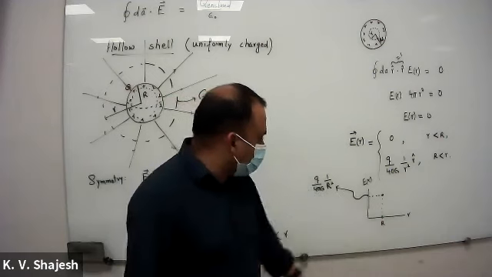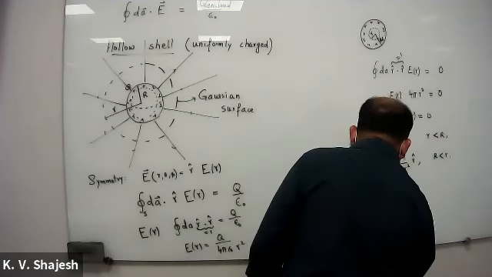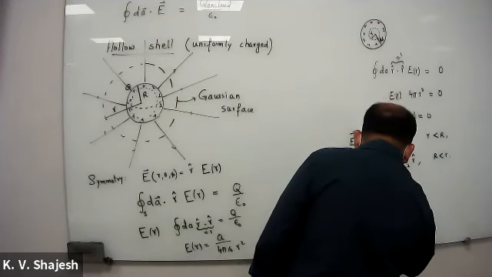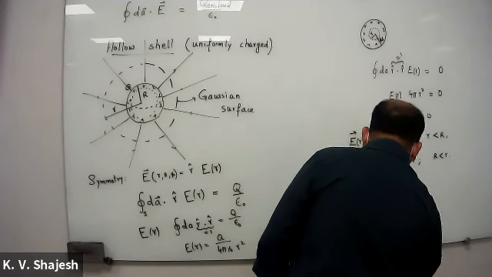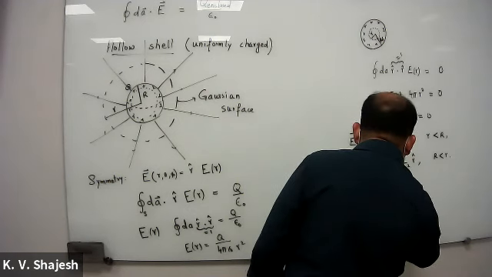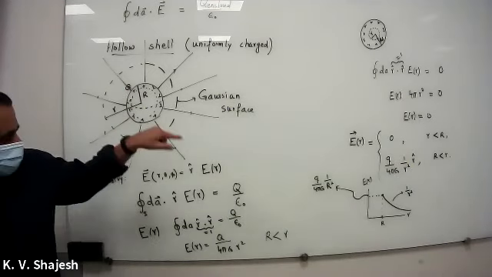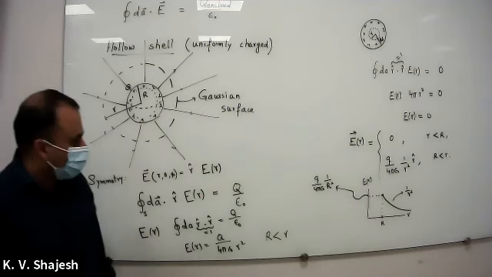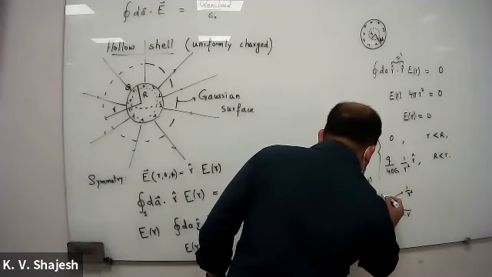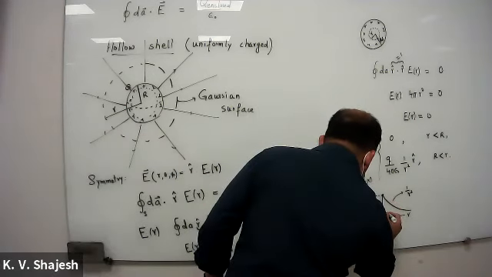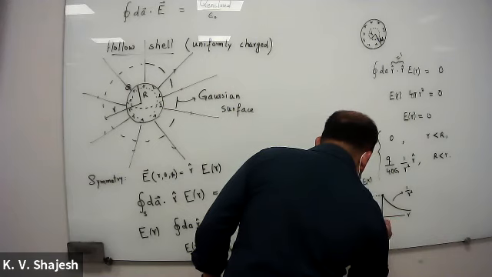That's the maximum value it can take, and then it goes down like 1 over r squared. It dips very quickly. Is that clear? And for r less than capital R, this is 0.